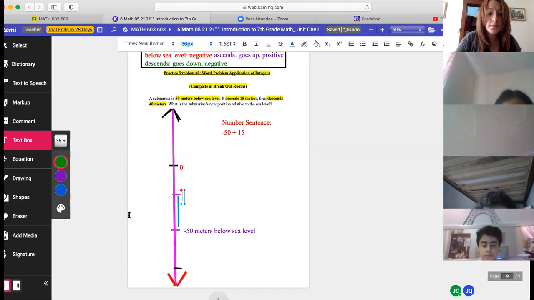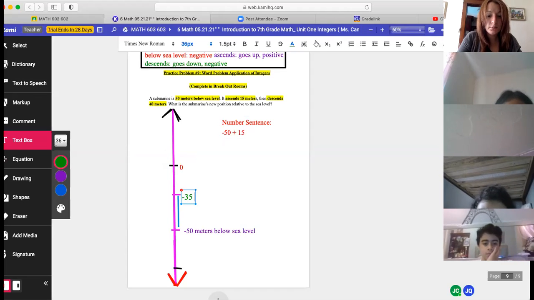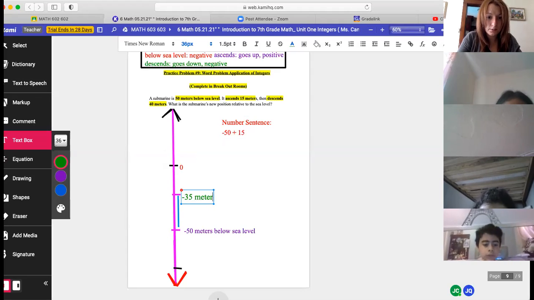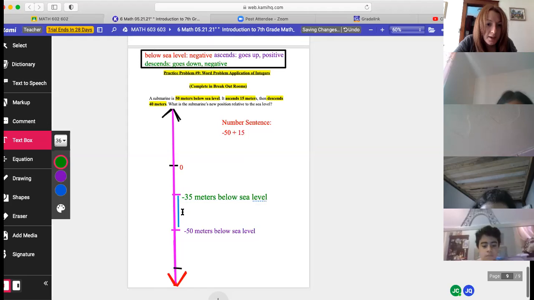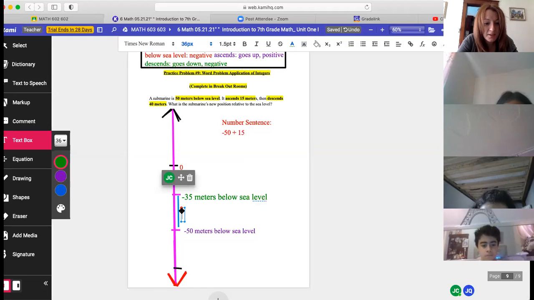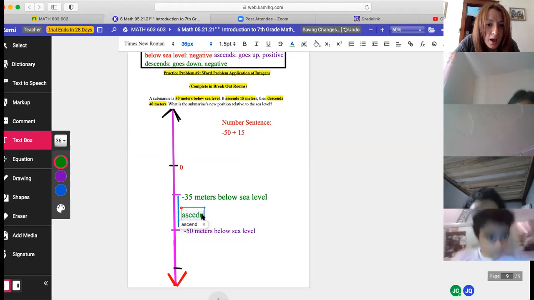50 minus 15 is 35. Negative what? Negative 35 meters. Good. 35 meters, we're going to write, below sea level. So I'm going to write something here that this represents ascending.